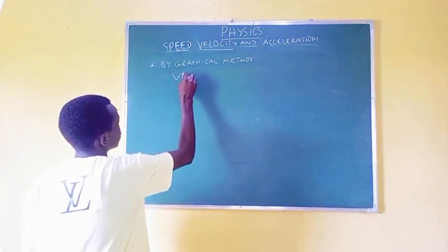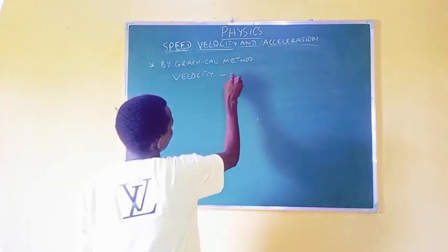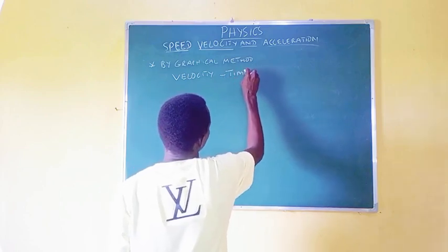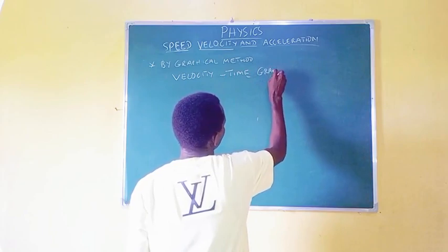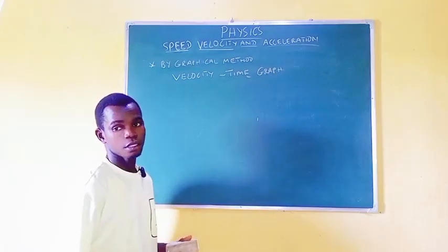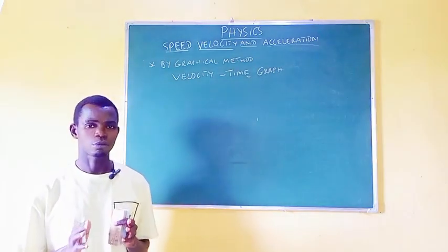Velocity time graph. On the velocity time graph, we have three types of motion.